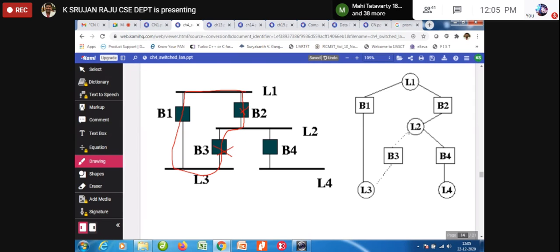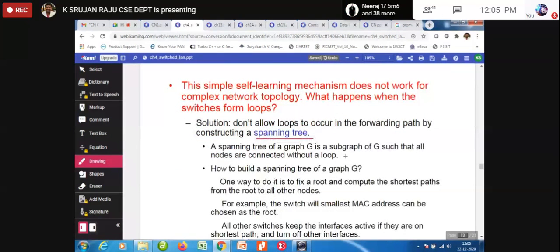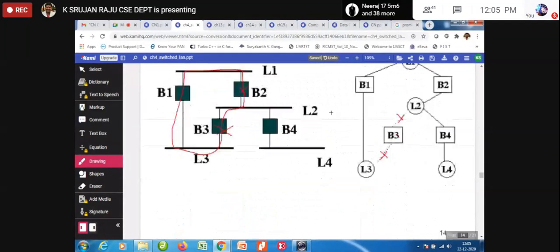Now you can see the dotted lines are removed. When I remove them, I am still able to reach all of L1, L2, L3, L4, but there are no loops. So you need to apply the spanning tree algorithm to make sure your network does not have any loops.